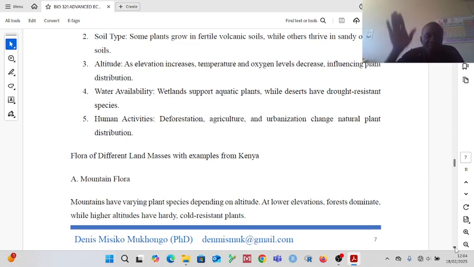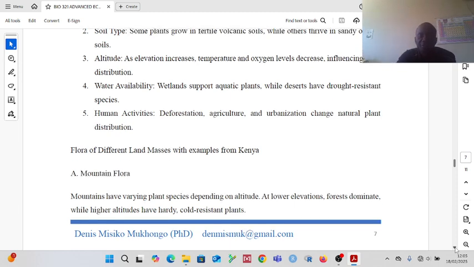But as you go up, as the high altitude increases, you now have to find plants that are resistant to cold, which means as you go up the mountain, the types of plants, the types of flora change, okay? Because the conditions are also changing.